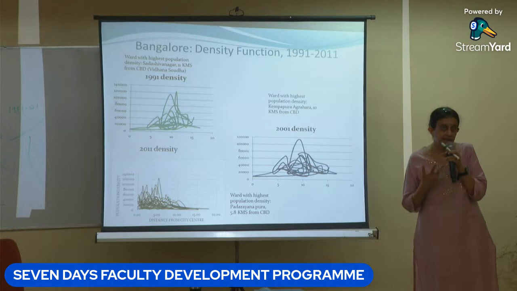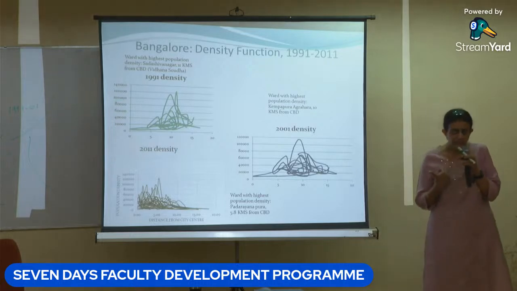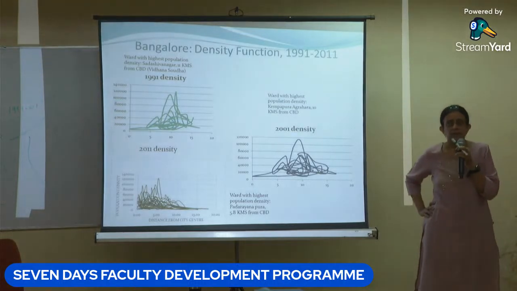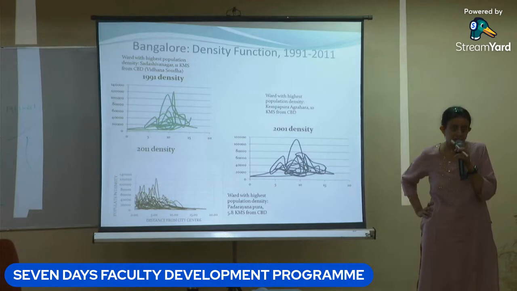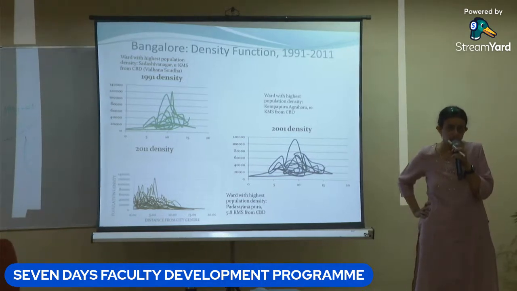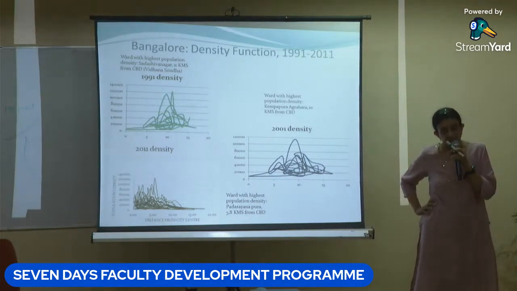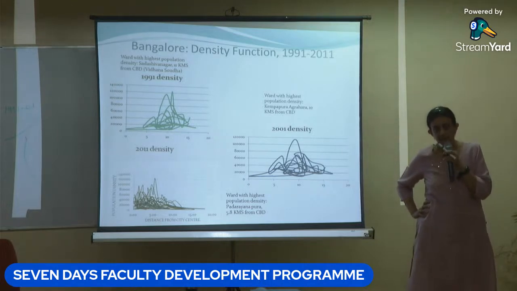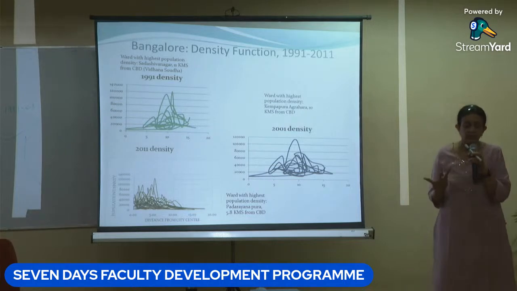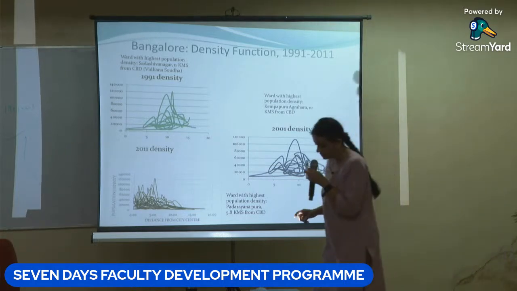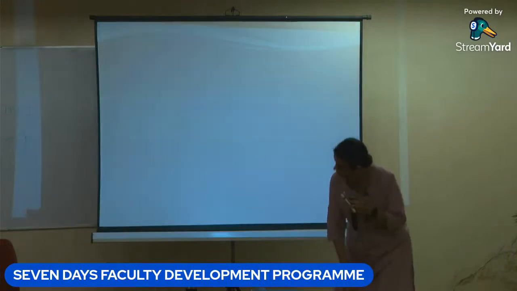I think Shanghai, it's about 40%. In Mumbai, the only city for which we have data, it's only about 12%. 12% of Mumbai's population lives within the first 10 kilometers of the CBD. And we know how expensive real estate is in Mumbai. Okay, that is one.